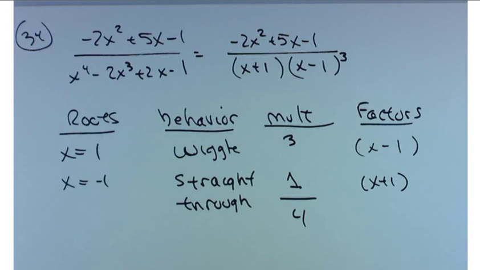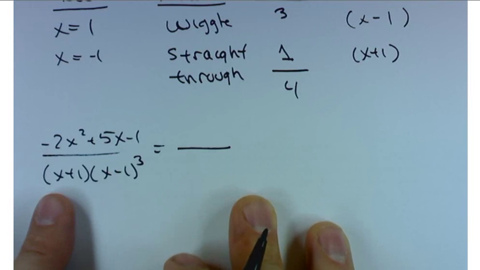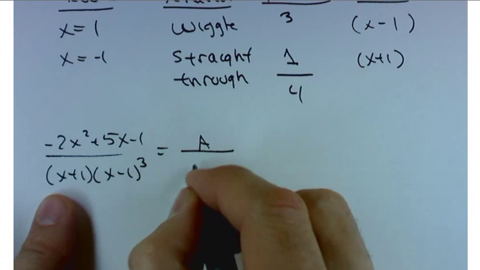So, all right, well, let's look at the setup then. If I want to do a partial fraction decomposition, here's where it gets long and messy. So it's going to be negative 2x squared plus 5x minus 1 over x plus 1 times x minus 1 cubed. And let's start out with the first term as A over x plus 1.